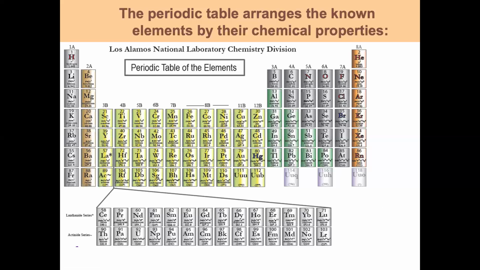Most of those compounds are called salts, right? When non-metals react with each other, these guys over here, they tend to form covalent bonds, meaning that a pair of electrons, or maybe sometimes more than one pair, are shared between two atoms, and that's what holds them together. Covalent bonds tend to be stronger than ionic bonds, okay?